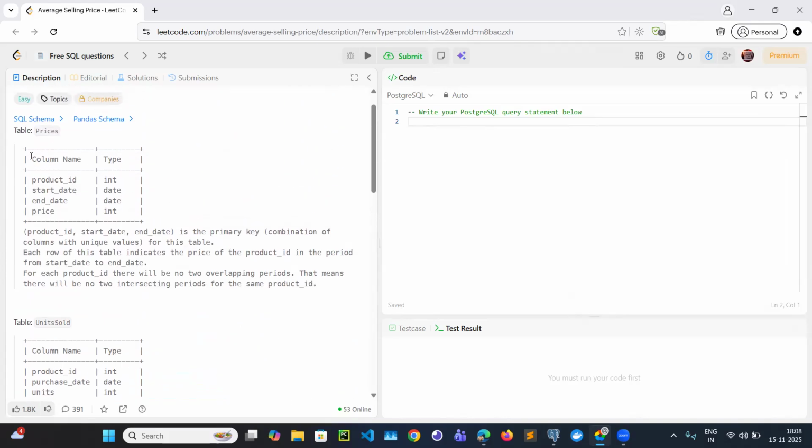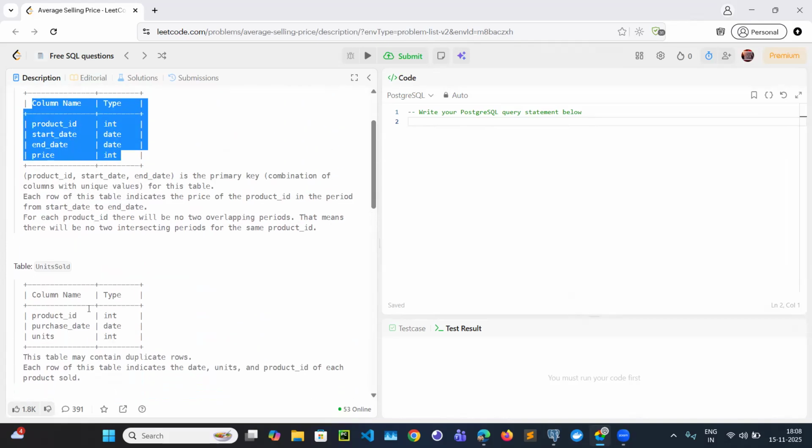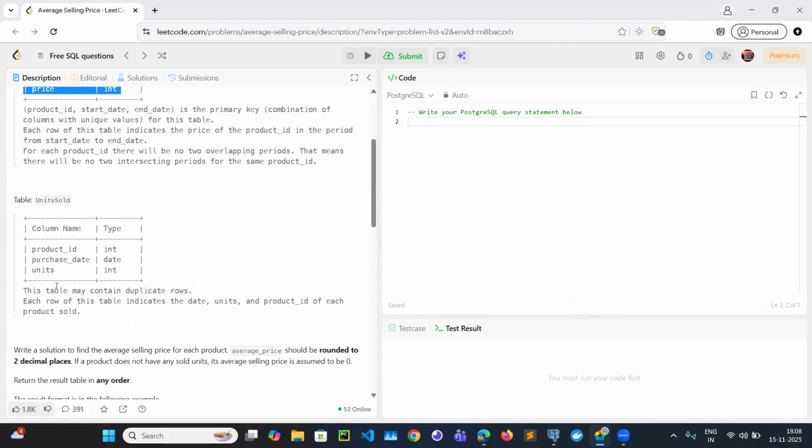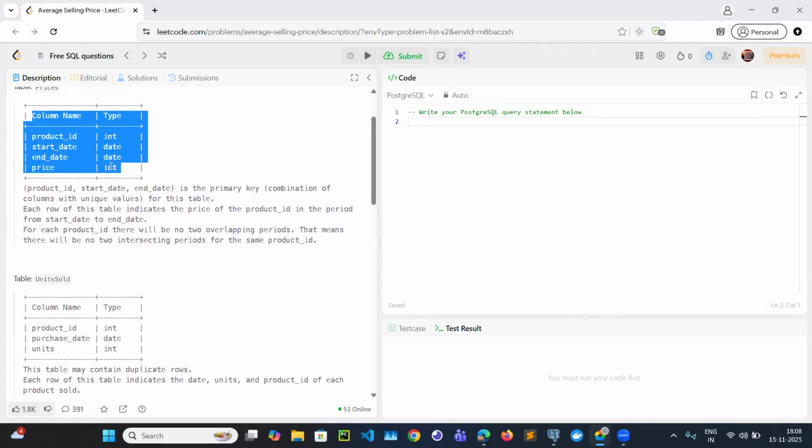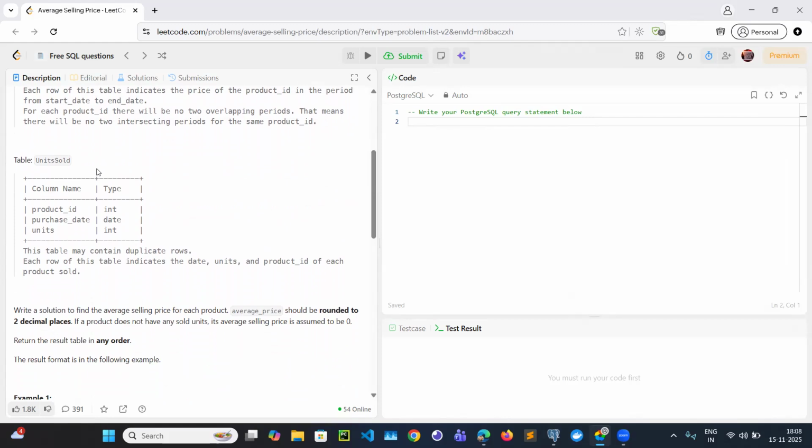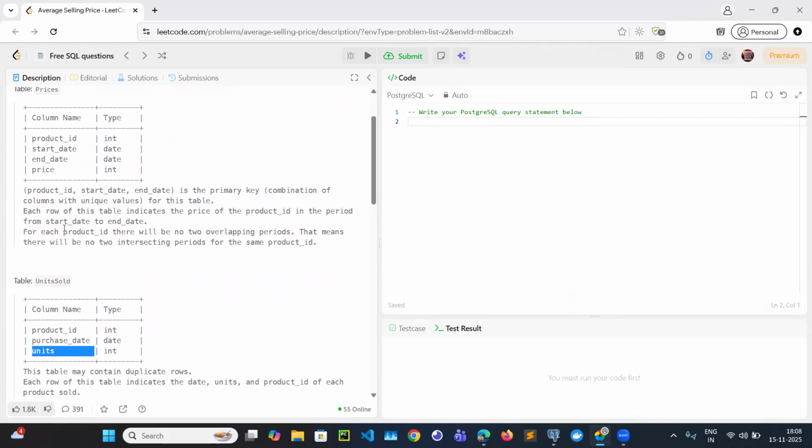We have the product and the price in this table, but the quantity sold is in the other table, and you have one common key, product ID.